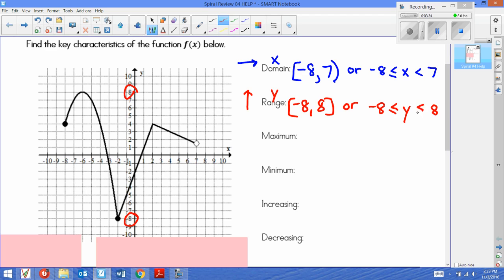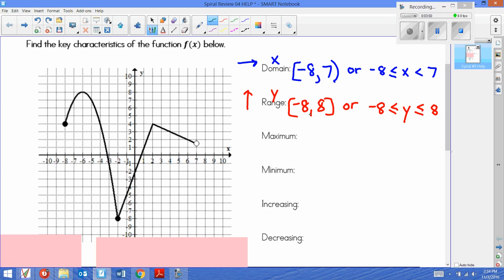They're both less than or equal to symbols because they can both be equal to -8 and +8 according to our graph.